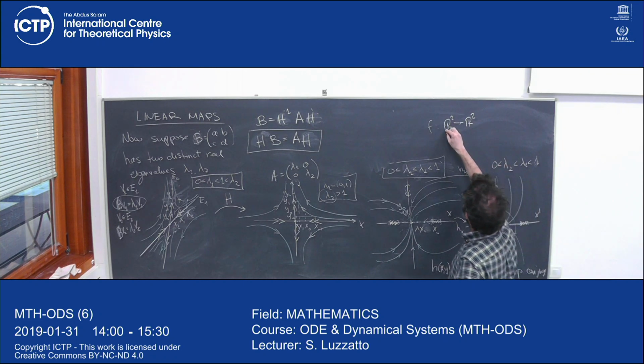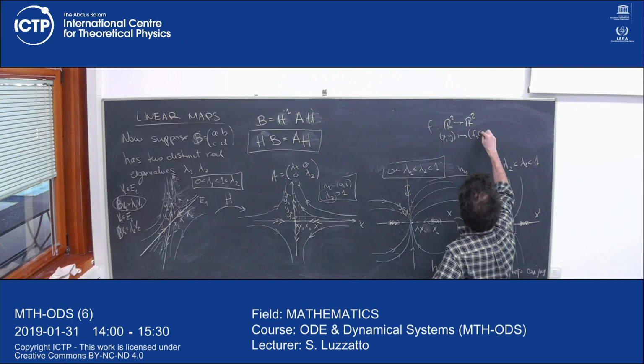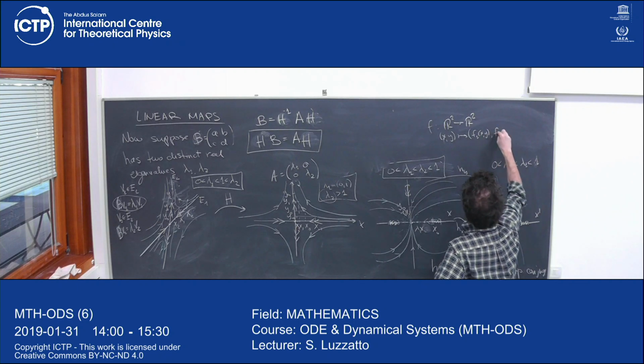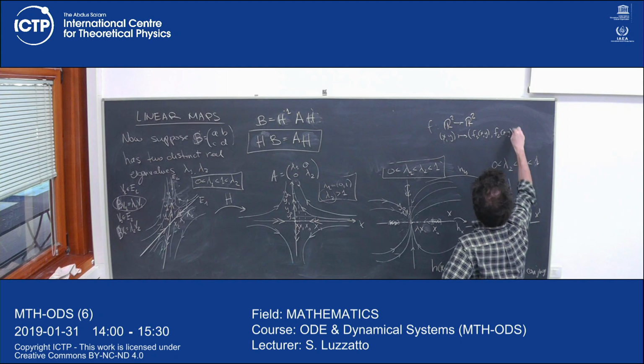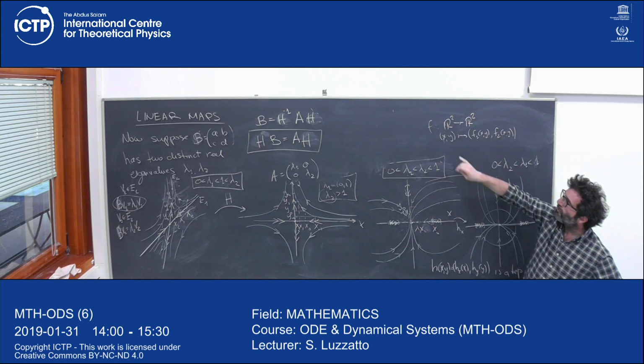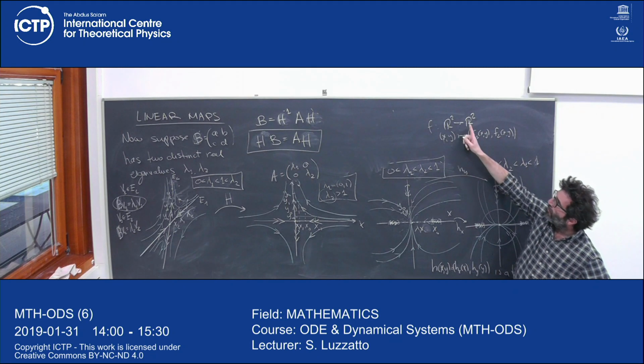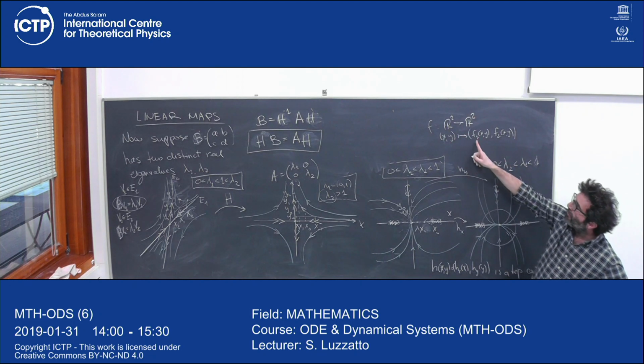This is a map of x, y, and you can write it as two components, f1 of x, y and f2 of x, y, because this has two coordinates. So you have two functions.